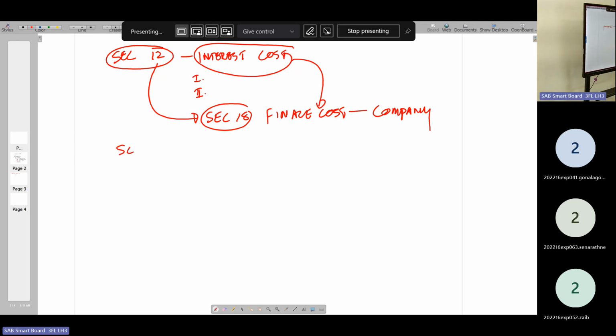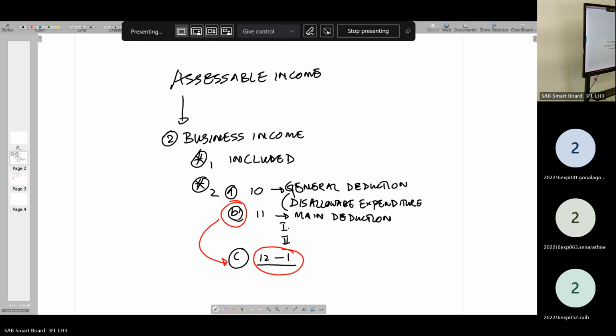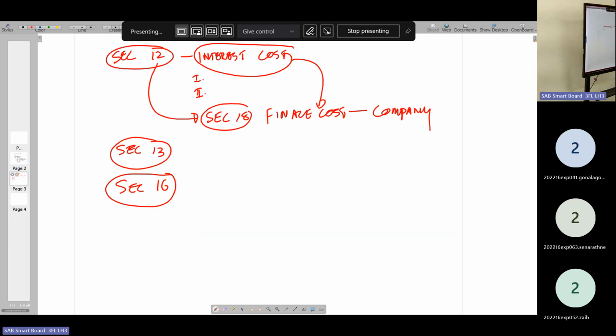Then we discuss section 13, allowance for trading stock. Then we discuss section 16, capital allowances. As we discussed, section 11, subsection 2 says that we cannot deduct capital expenditure, but section 16 says we can claim capital allowances.